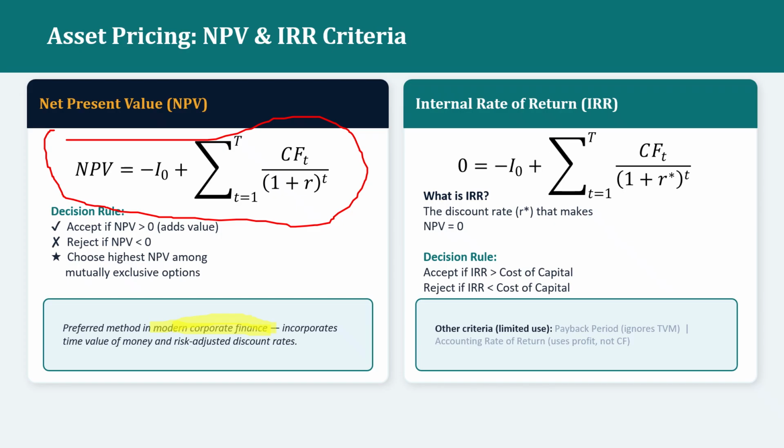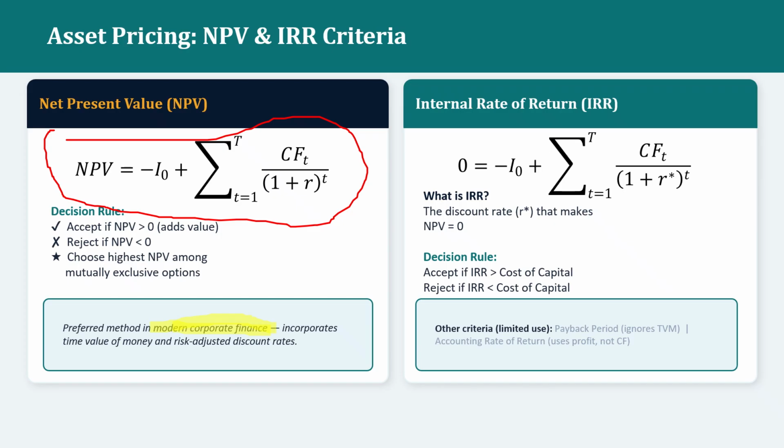In other words, whenever we solve this particular equation, the value of R that we get is the internal rate of return. You can think of IRR as the project's own internal rate of return. It is the rate at which the present value of inflows is exactly equal to the initial outflow.